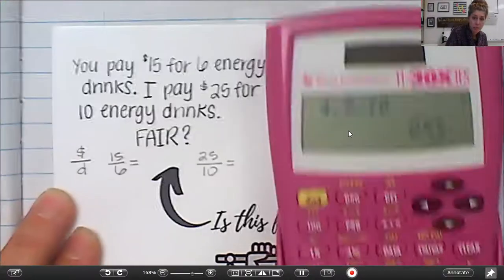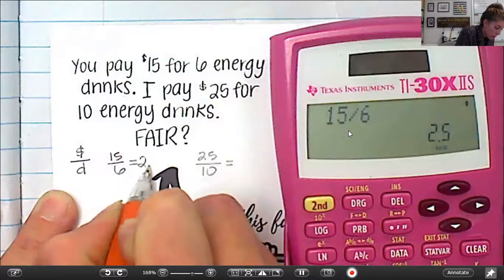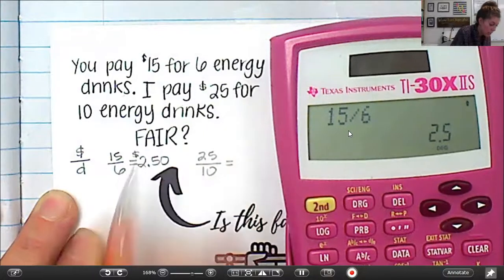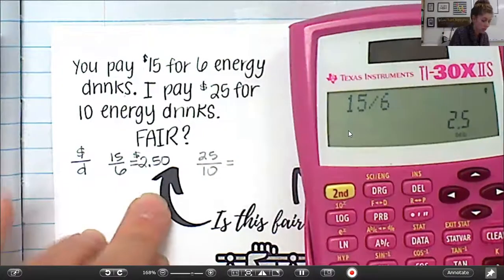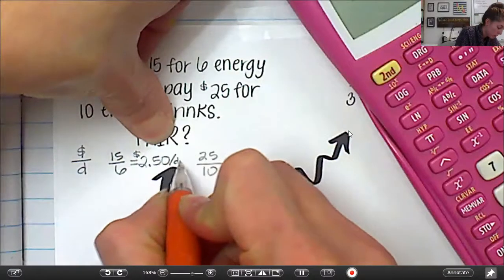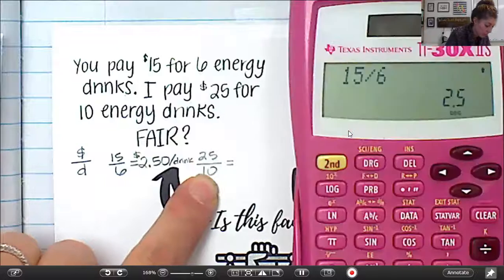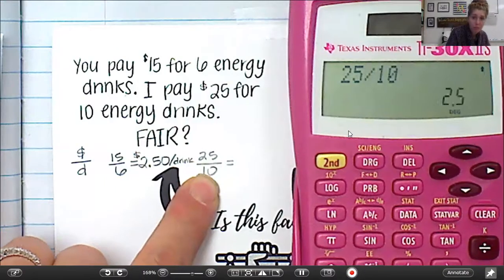Dollars divided by drinks. So you are paying $2.50 per drink. Per drink. Give myself some more room. Over here, 25 divided by 10.